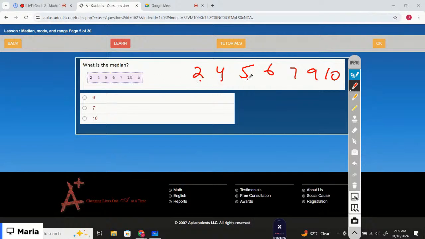So they are 1, 2, 3, 4, 5, 6, 7. So when you see, this is the median.